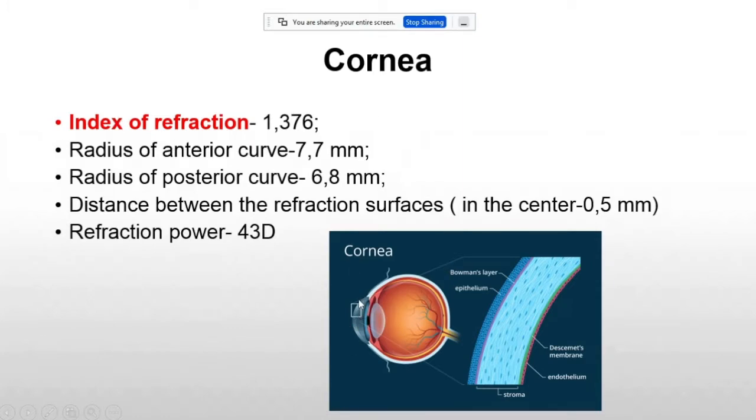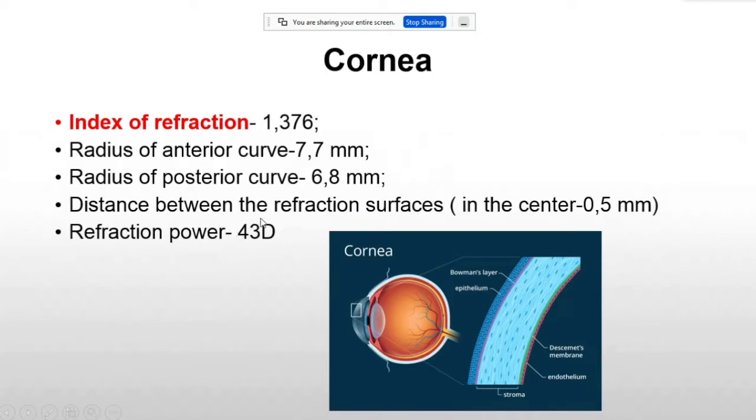The cornea is the main refraction media and surface. The refraction depends on the index of refraction, the radius, and the distance between the surfaces.